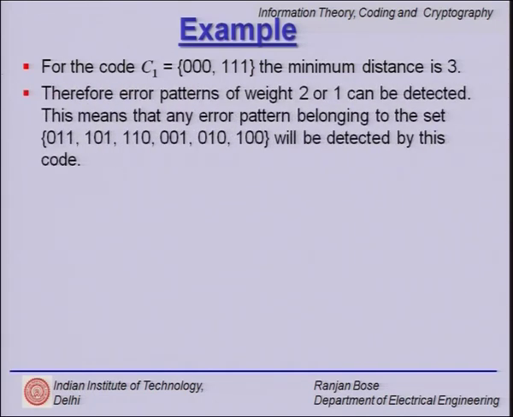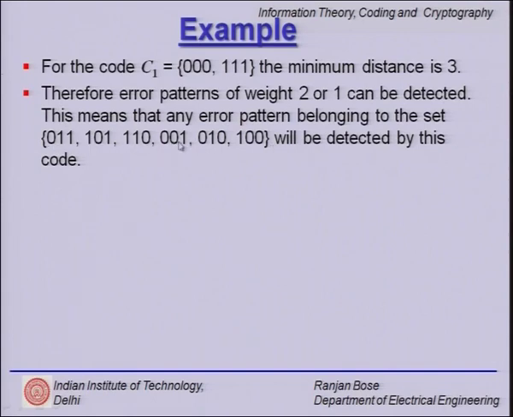So, what does it mean? Any error pattern of weight 2 or 1 can be detected. So, how many are there? Well, 0 1 1, 1 0 1, 1 1 0, and so forth, patterns of weight 2, patterns of weight 1, all of these can be detected.